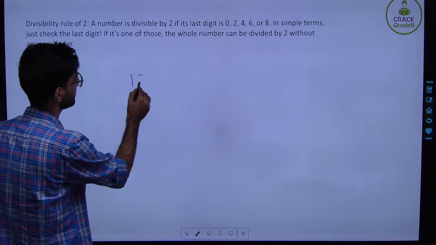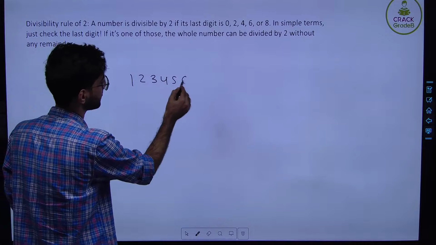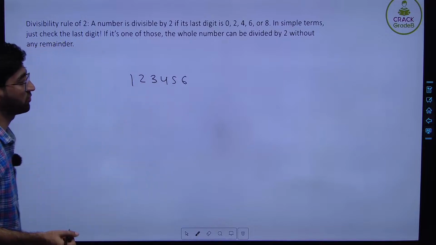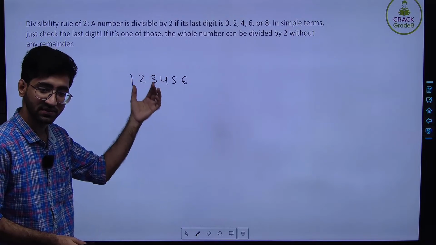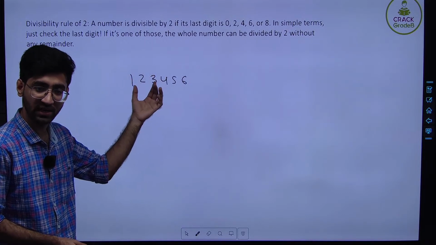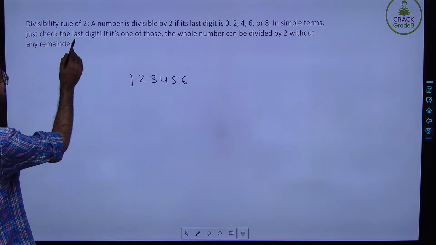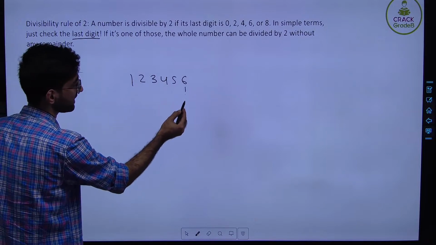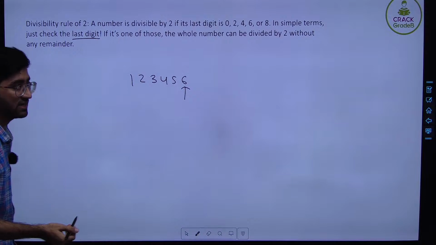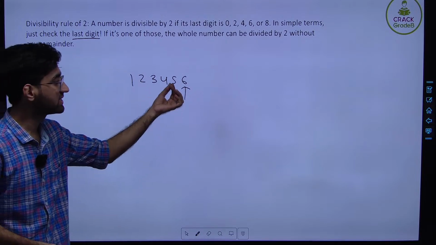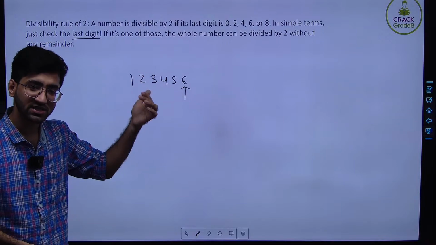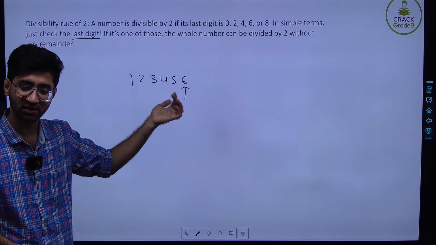Suppose I write a random number, 1 2 3 4 5 6, and I ask you is this number divisible by 2, right? Means you only have to look at the last digit. What is the last digit? 6, right? And a number is only divisible by 2 when its last digit is either 0, 2, 4, 6 or 8, right?